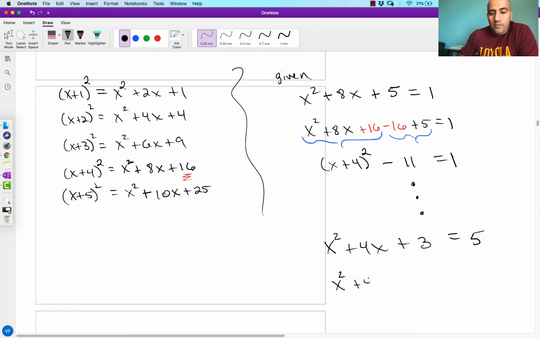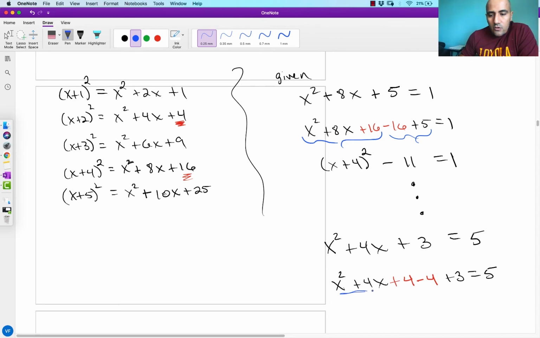X squared plus 4x, and then because we want that plus 4 there, just because I know my patterns of perfect squares, I would put a plus 4 there, a minus 4, add and subtract the perfect amount, and then leave everything else alone. Plus 3 equals 5, and once again, we've achieved the magic.